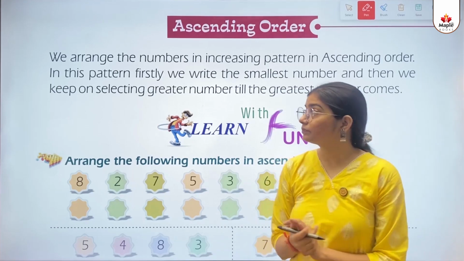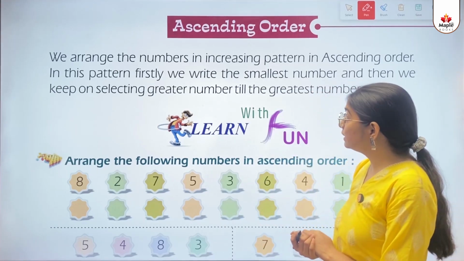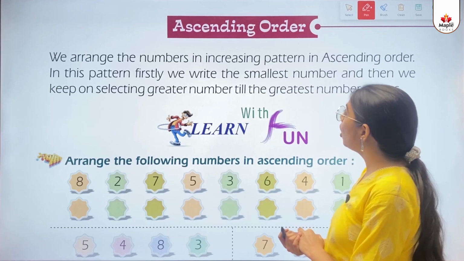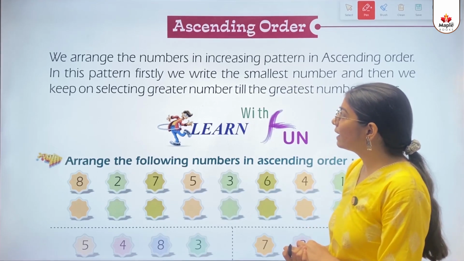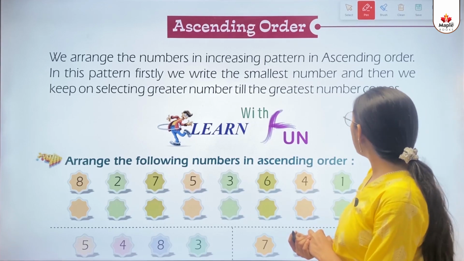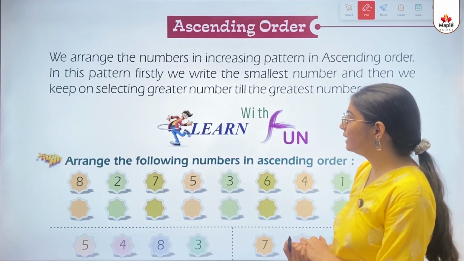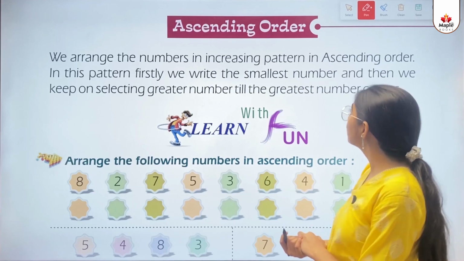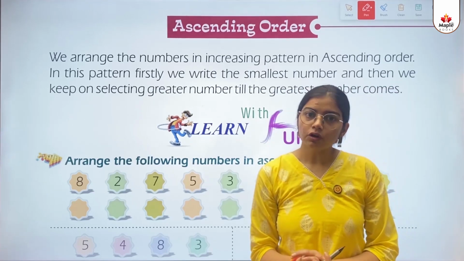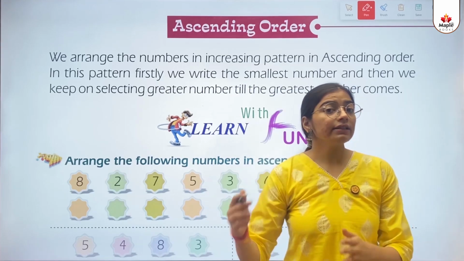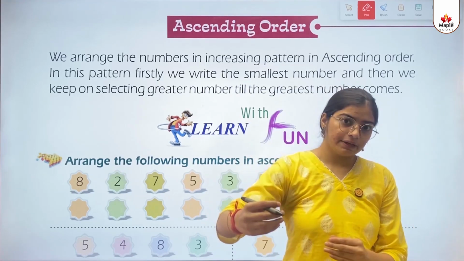Ascending order. We arrange the numbers in an increasing pattern in ascending order. In this pattern, firstly, we write the smallest number and then we keep on selecting a greater number till the greatest number comes. So, kids, ascending order means arranging the numbers in an increasing order.